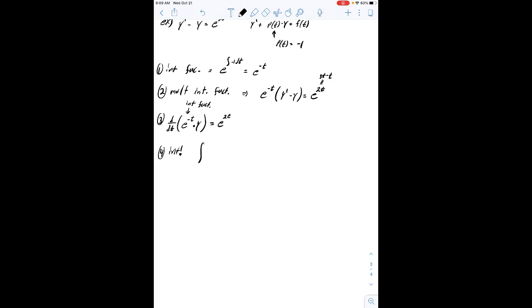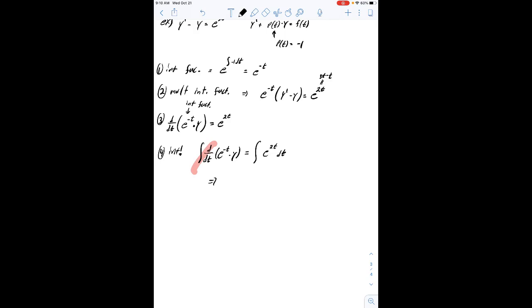Integrate. So the integral of d over dt of e to the negative t times y equals the integral of e to the 2t dt. For this side, we see that those two cancel out.